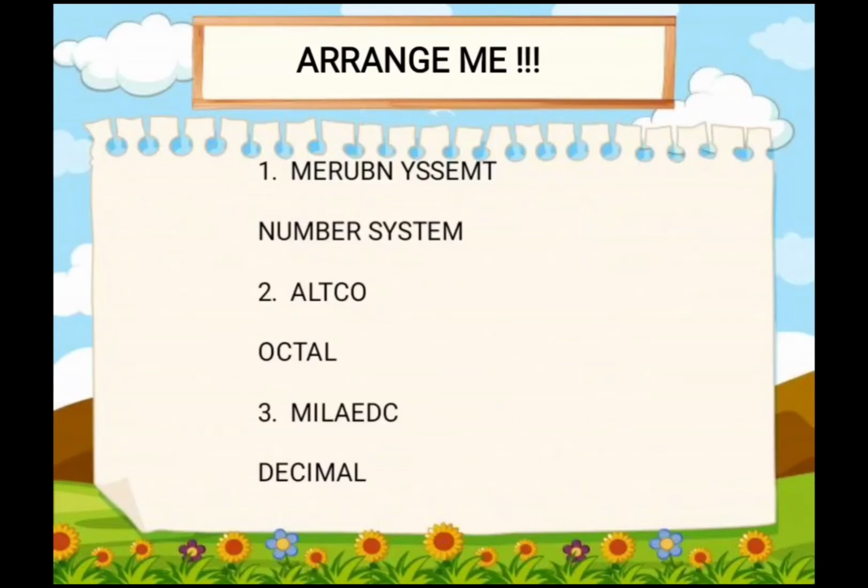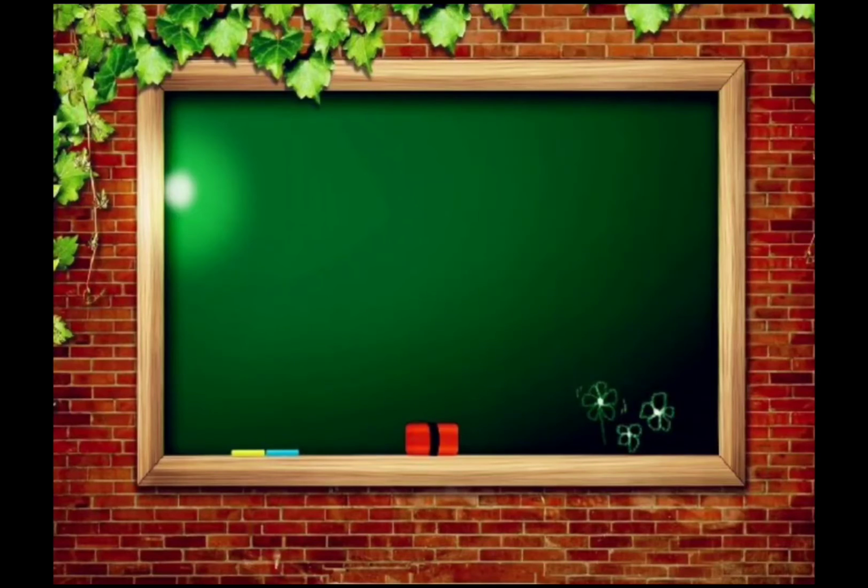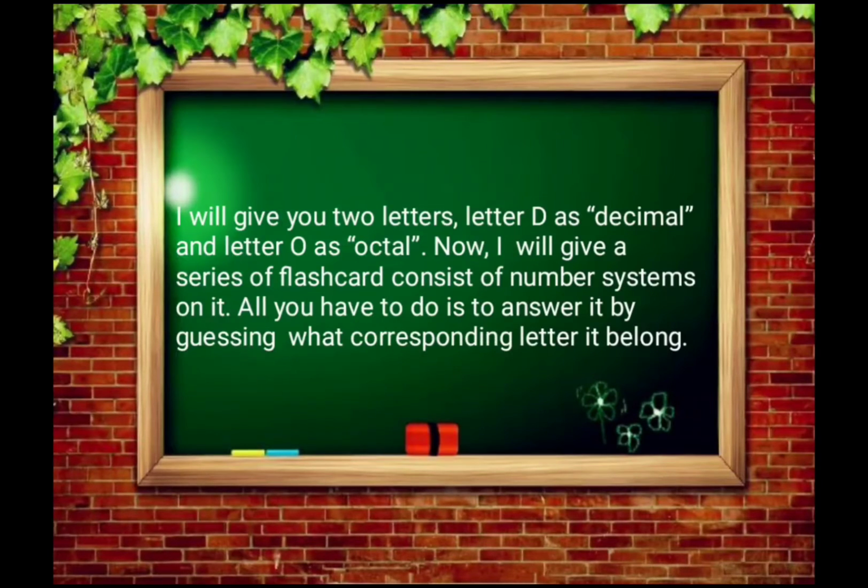I will give you another activity. I will give you two letters, letter D as decimal and letter O as octal. Now I will give a series of flashcards consisting of number systems. I know that you have an idea what number system means because teacher Mona Lee already discussed it to you.